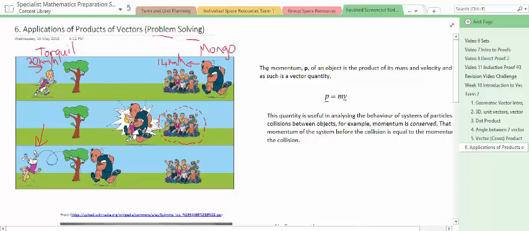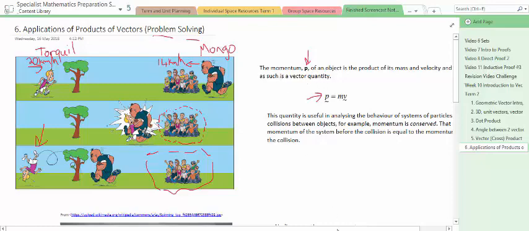So this is an example of the phenomenon of momentum, which the crowd really loves to watch. The momentum P of an object is the product of its mass and velocity, and as such is a vector quantity. You can see the symbol there is P for momentum, or you can use boldface P as well.